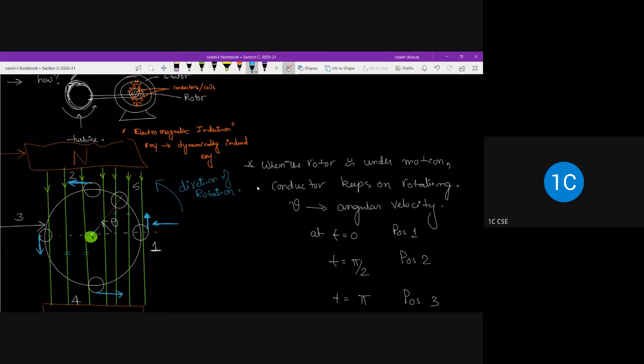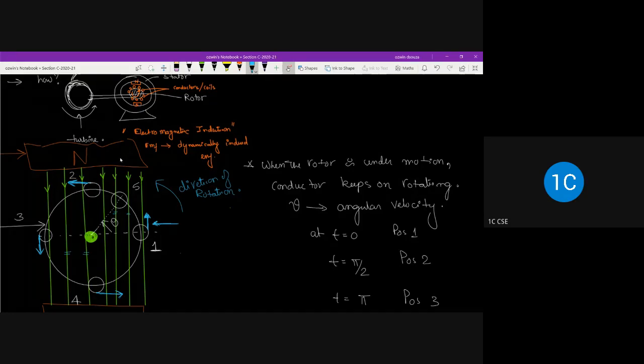In the sense, you may have a stationary conductor system and you may have a rotating magnetic field. That is also possible. So to produce EMF using the dynamically induced EMF principle, either your magnetic field should be rotating with a stationary conductor, or your conductor system should be rotating with a stationary magnetic field.